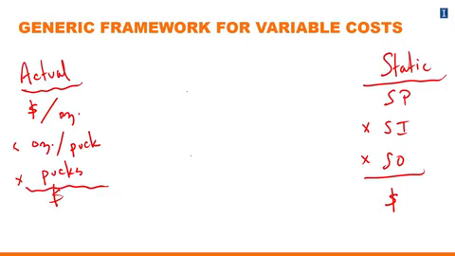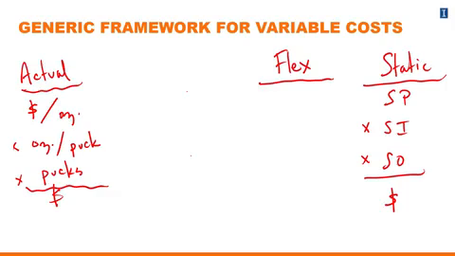So let's move from this static budget column, where everything is expected, everything is budgeted, and eventually create the actual column. The next column in, we'll refer to as the flexible budget. And recall from the previous slide that that is how much we should have spent given what we actually produced.